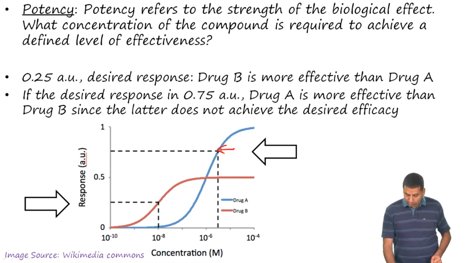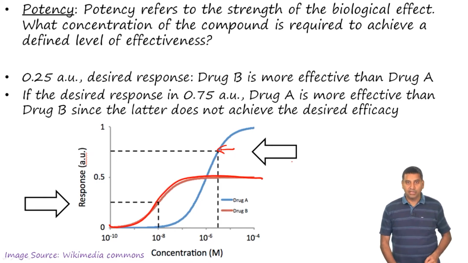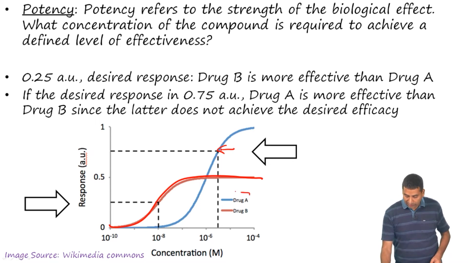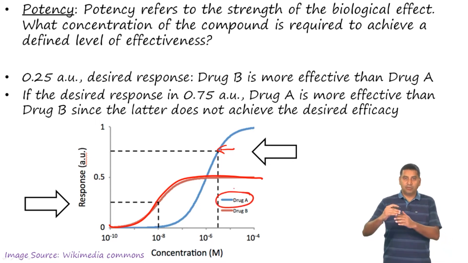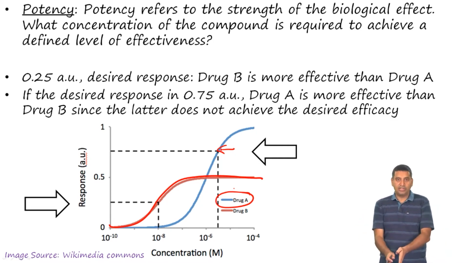If you see this plot, B does not reach 0.75 at all. Therefore, in this case drug A is actually better than drug B, because the potency of drug A is higher than the potency of drug B when the desired response is 0.75.